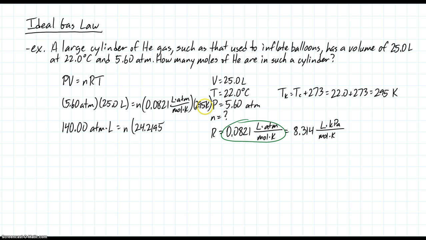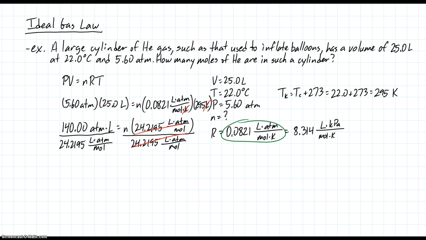Now we need to check our units. Notice that on the right-hand side here we have kelvins on top and kelvins on bottom that cancel out. So that leaves us with liters times atmospheres over moles. Now we're looking to solve for n. So we divide by that number on both sides. So on the right-hand side, everything cancels out except for the n.